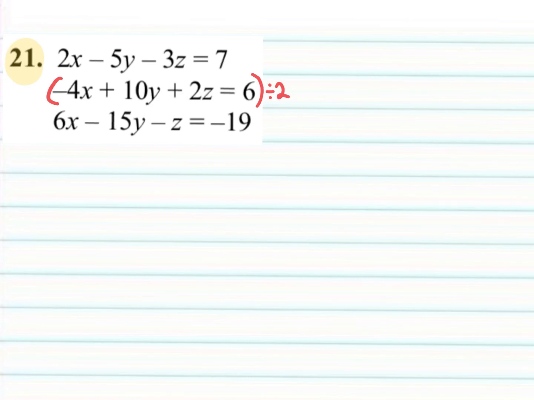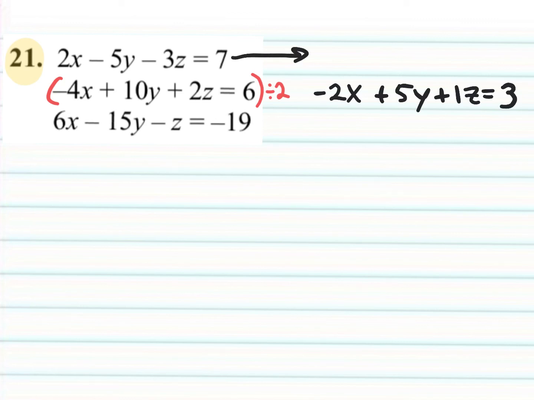So when I divide everything by 2, I'll have a negative 2x, a positive 5y, a positive 1z, and a positive 3. I know that looks weird, but now it's actually ready to combine with the top equation, isn't it? So I have 2x minus 5y minus 3z equals 7.